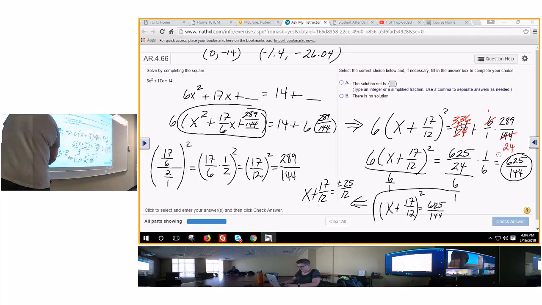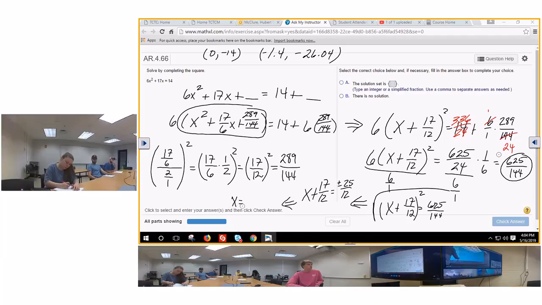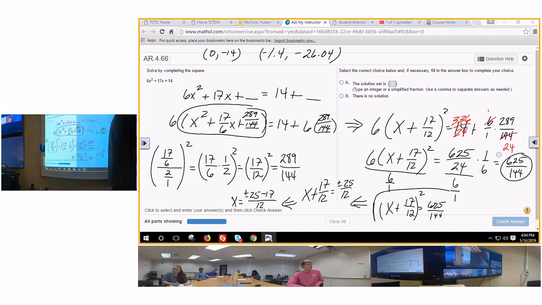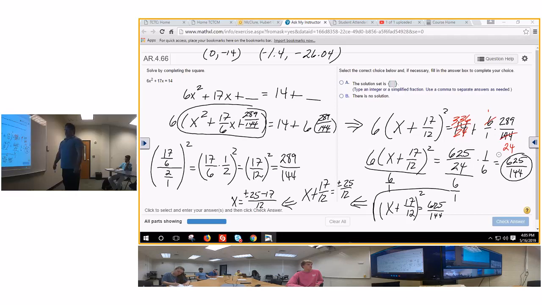And then x is equal to positive or negative 25 minus 17 over 12. Well, what's 25 minus 17? 8.